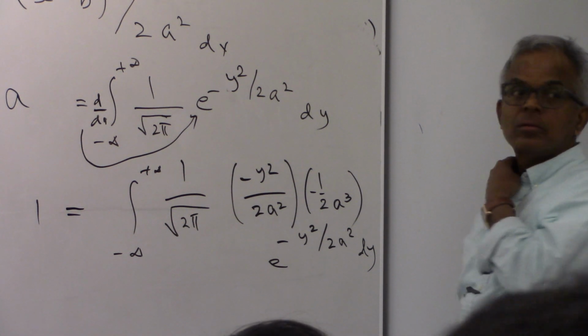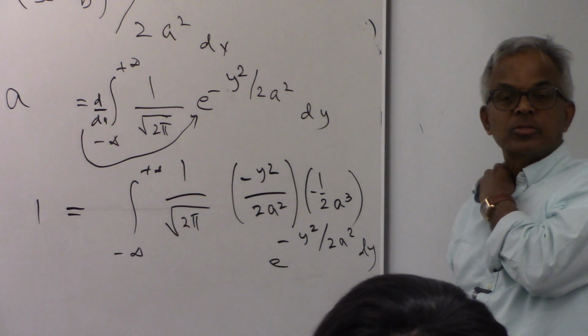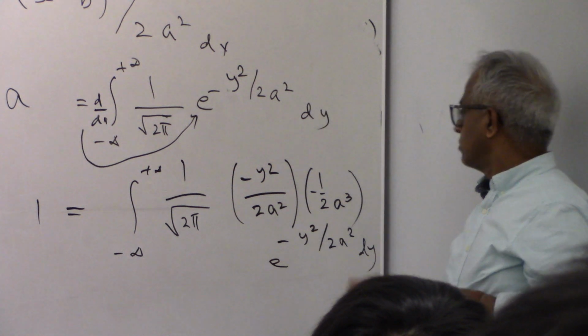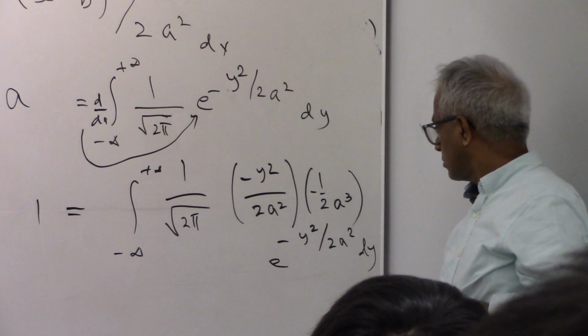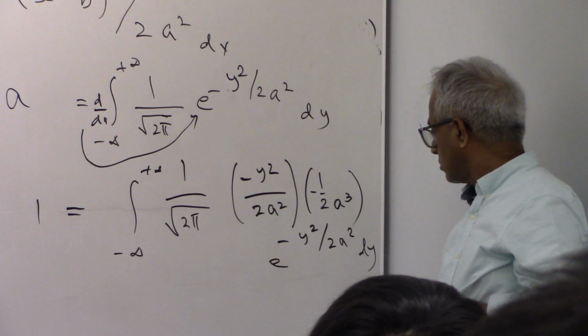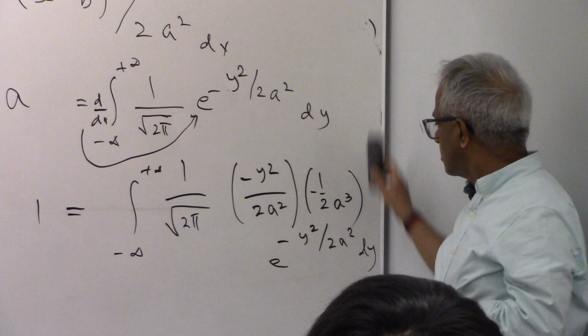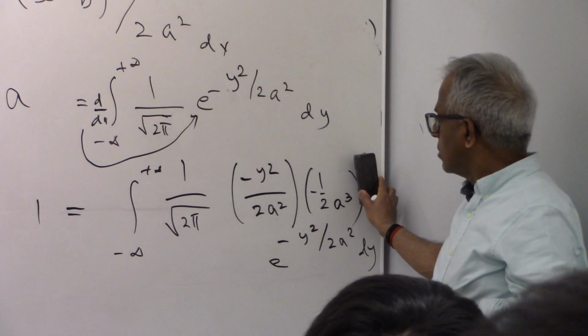Anybody? What's the mistake? All right, let me see. The derivative of a squared, the extra 2a squared is not necessary here? Of course it is. We already put it in the 2a cubed.